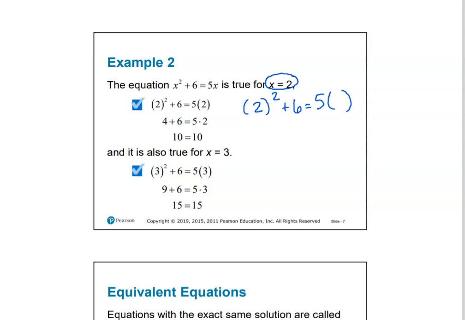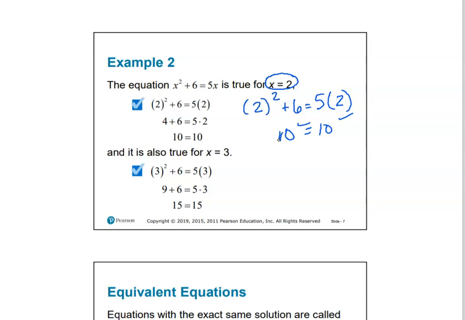So I'm going to plug in my 2's, and type in my calculator 2 squared plus 6. That's going to give me 10. And then I'm going to type in 5 times 2, which is also 10, which verifies that 2 is a solution to our original equation.